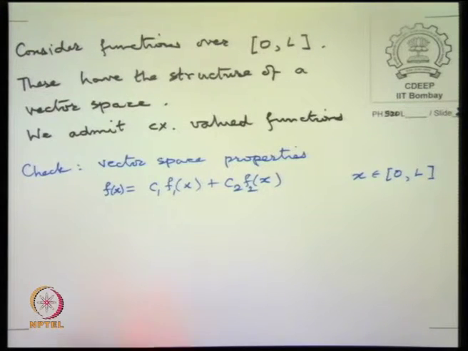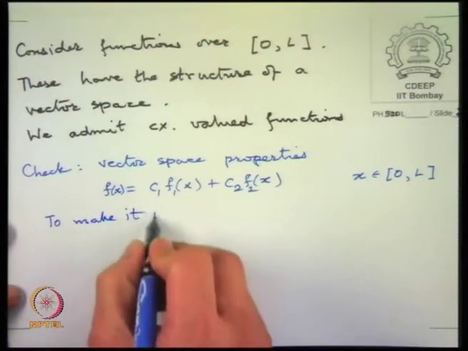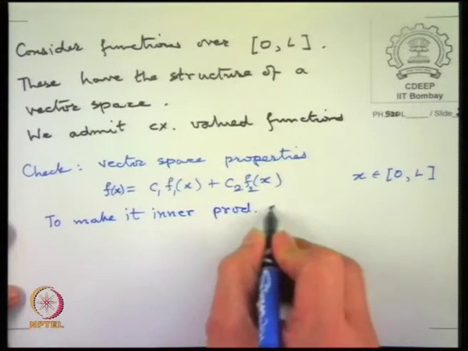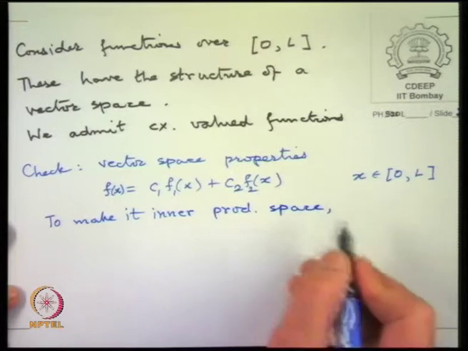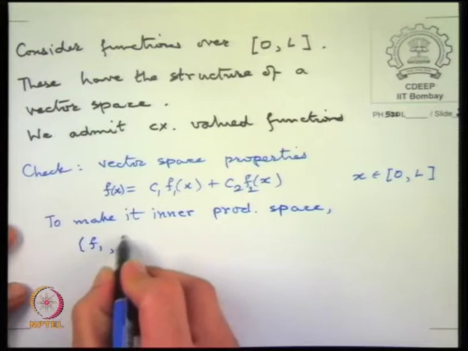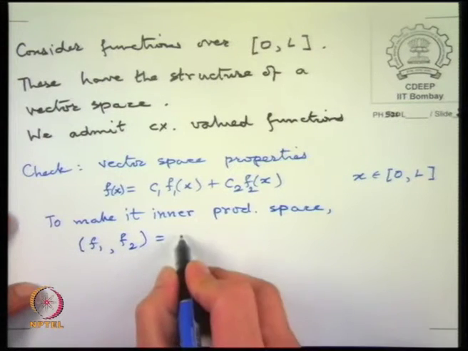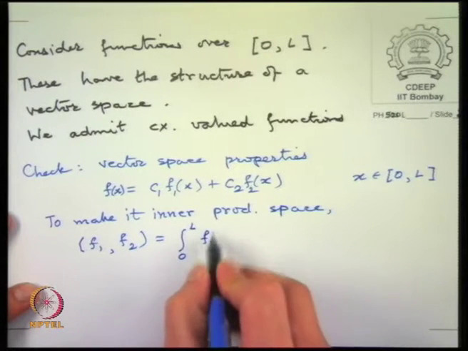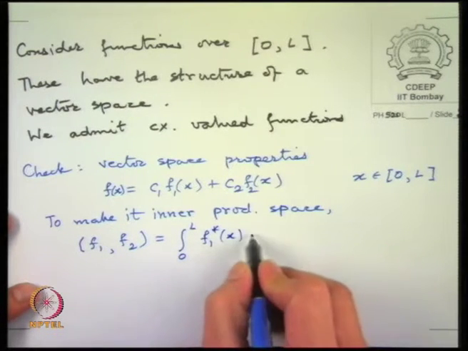So symbolically, we can immediately check that all the axioms of vector space are satisfied. We can make this vector space also an inner product space. We define the inner product of f1 and f2 to be the integral from 0 to L of f1 star f2.